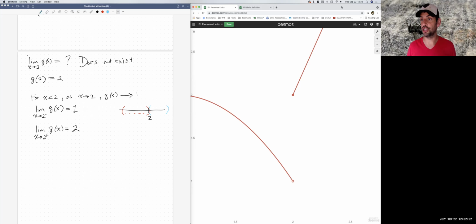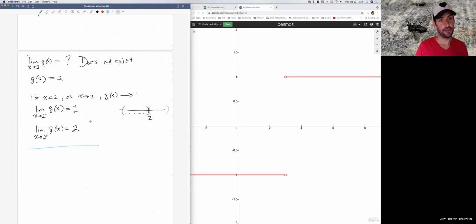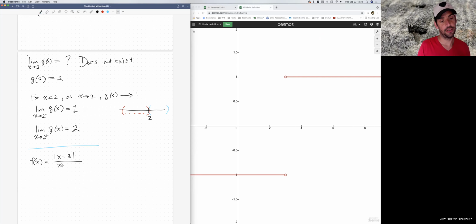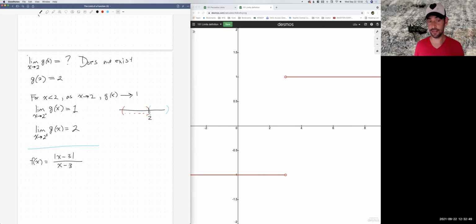We looked at a function last time in a previous video. This was, let's call it f of x, x minus 3, absolute value of x minus 3 over x minus 3, right? This was equal to +1 above 3, -1 below 3, and this limit does not exist.